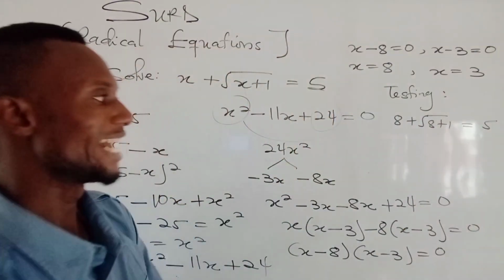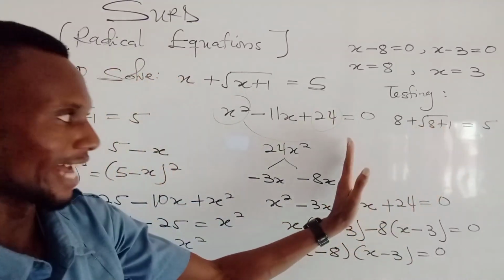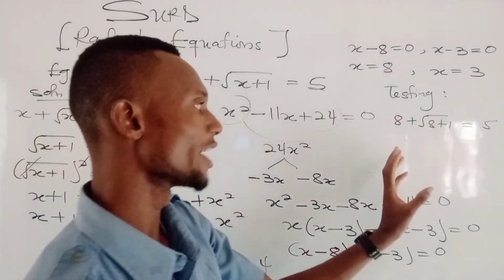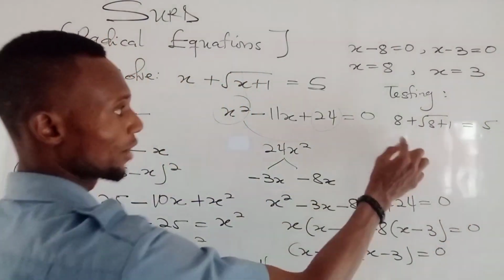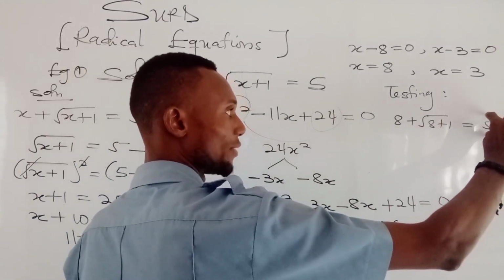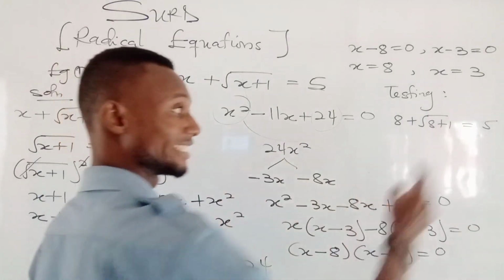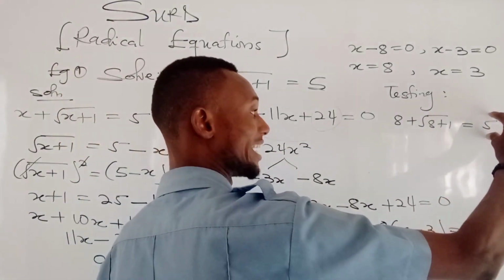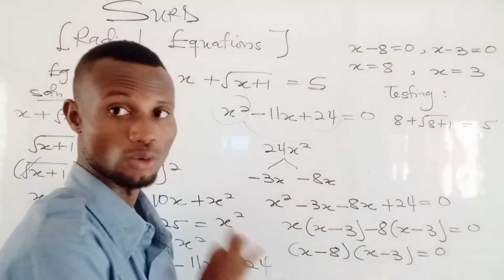So the left hand side should give us the same value as the right hand side. When we simplify what is here, it's supposed to give us the value which is at the right hand side, which is 5. If we don't get the same value as what is at the right hand side, then it means 8 is not a solution to the equation.